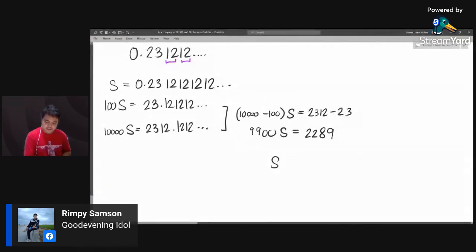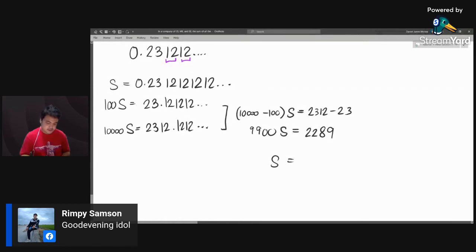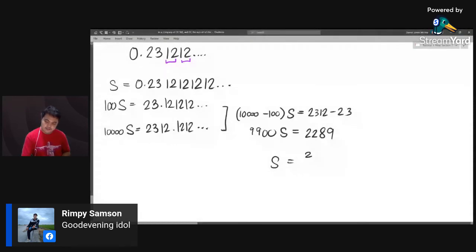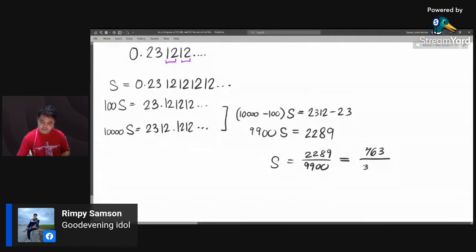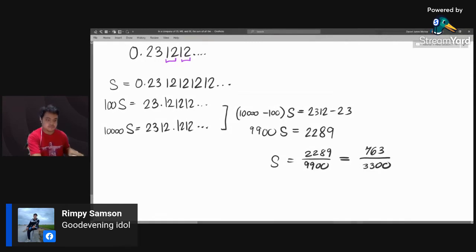Therefore, S is equal to 2289 over 9900. Or pag nireduce pa natin, ends up with 763 over 3300.